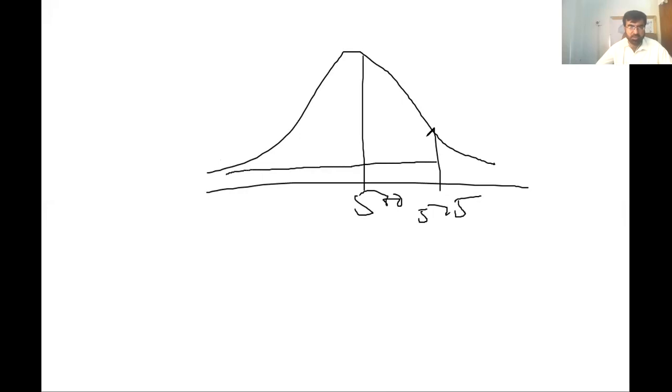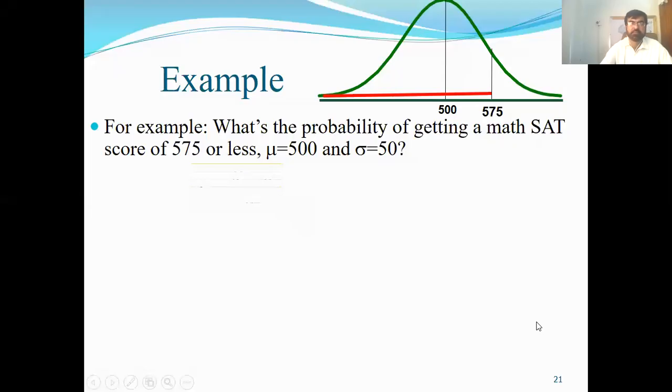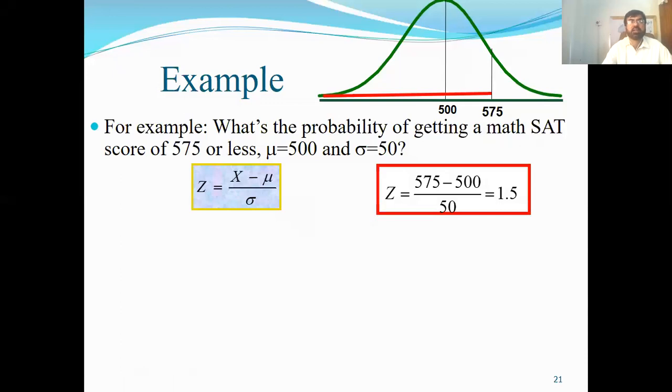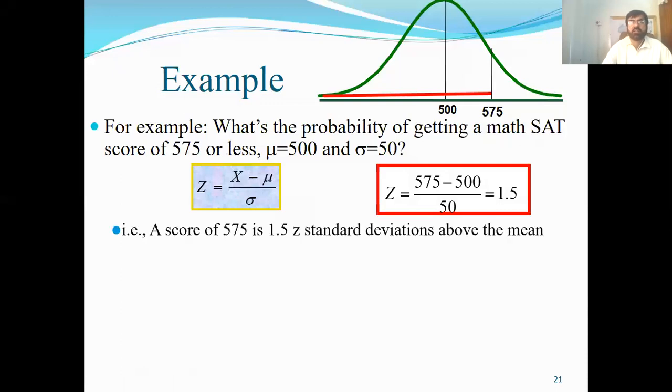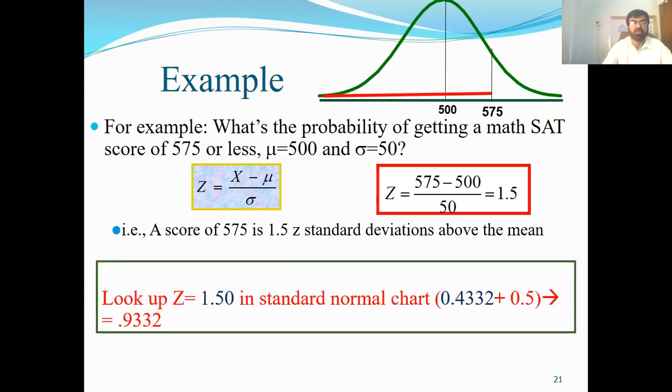This is the whole percentage of the people who will get 575 and below. Let's see on the slide. This is the formula. A score of 575 is 1.5 standard deviations above the mean.